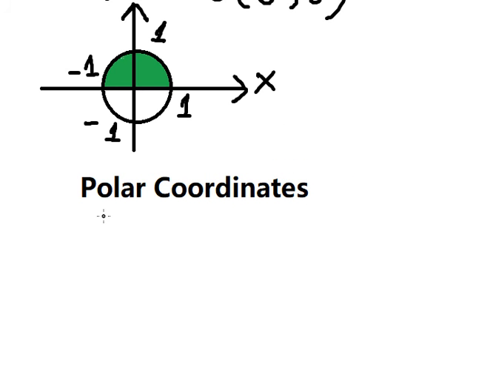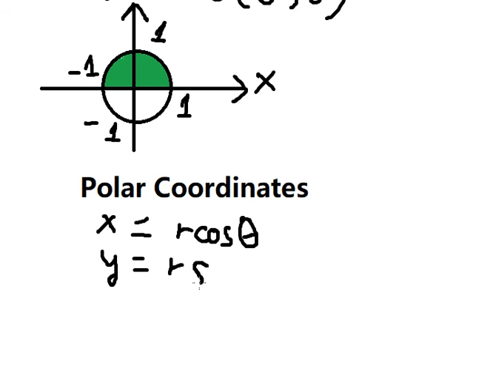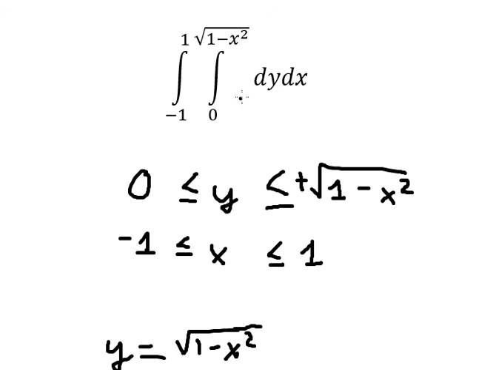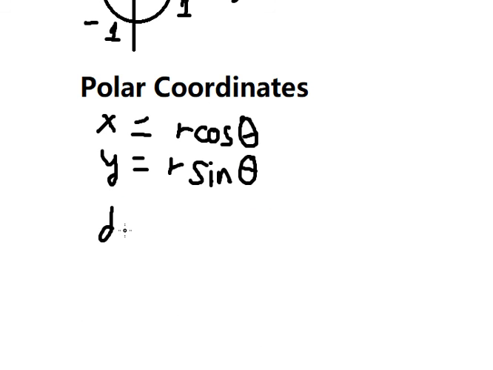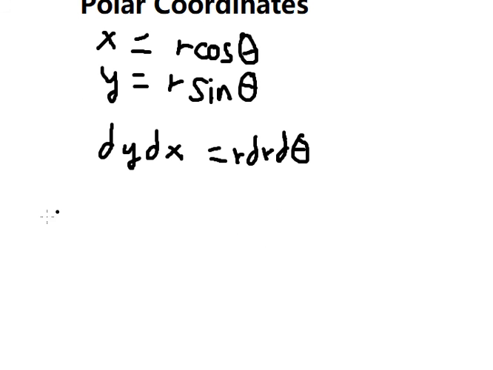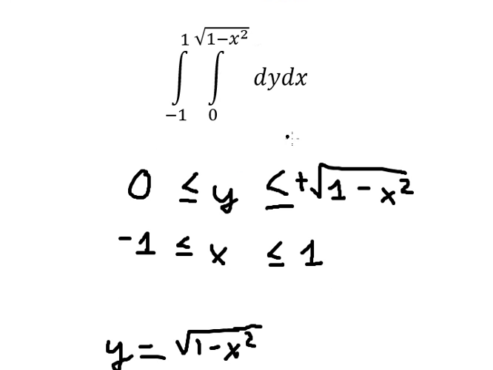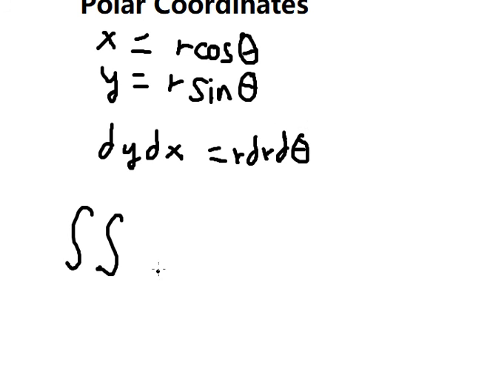So I will put x equals r cosine theta, y equals r sine theta, and the next one, dy dx, we need to change into r dr d theta. So this one we change by this one.